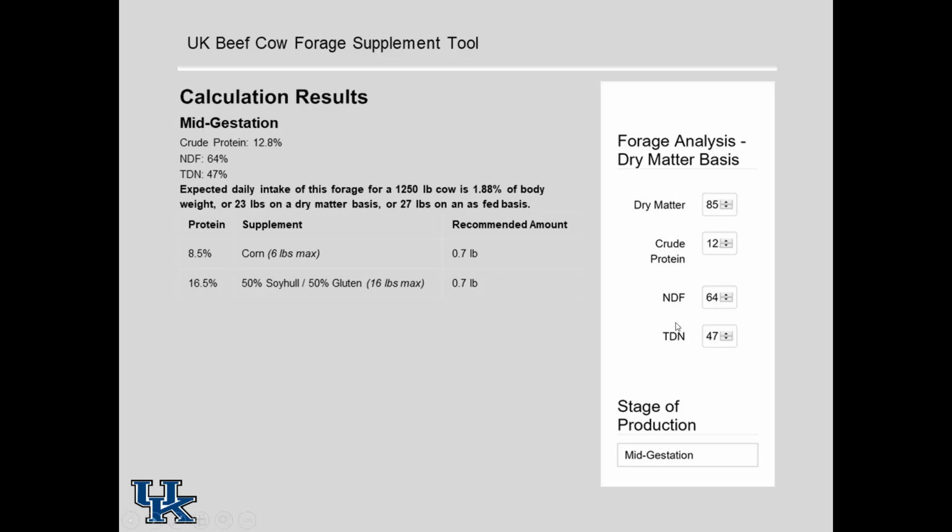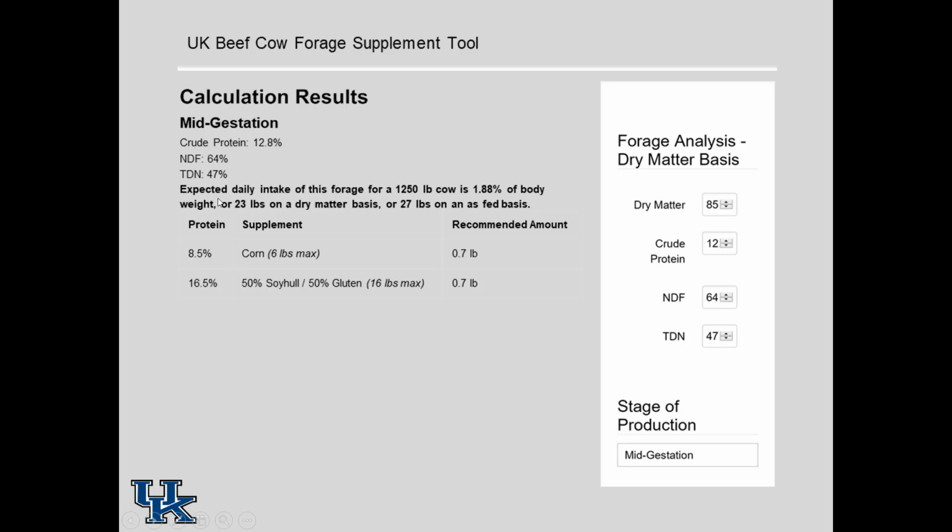This was a real sample. And it points up the fact that forages, again and again, will have enough protein but will not have enough energy, and will have so much fiber that intake is limited. So in this case, we ran the results for a mid-gestation cow, which is that cow with the lowest nutritional needs during the year. And so here are the calculation results.